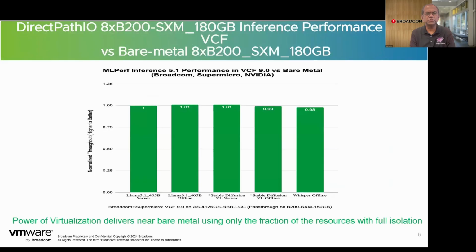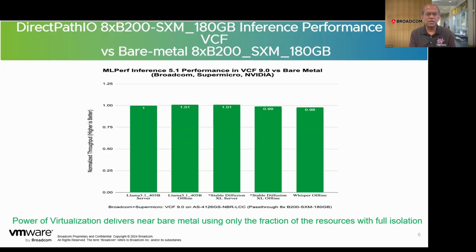This chart shows the normalized throughput with respect to the bare metal performance. The X-axis is the different benchmarks from MLCommons, and the Y-axis is the normalized throughput with respect to bare metal, and higher is better. You can see that we selected different benchmarks from different machine learning domains.